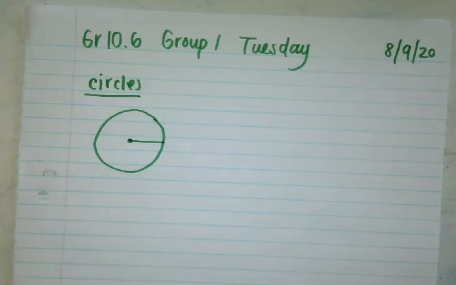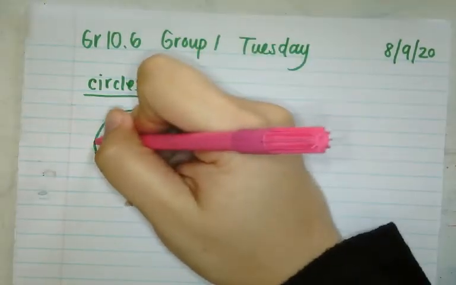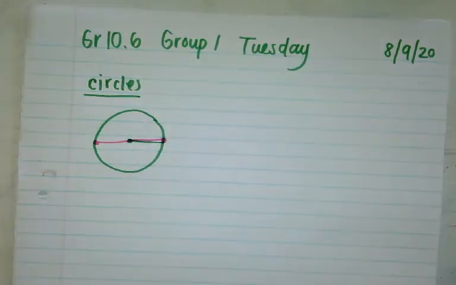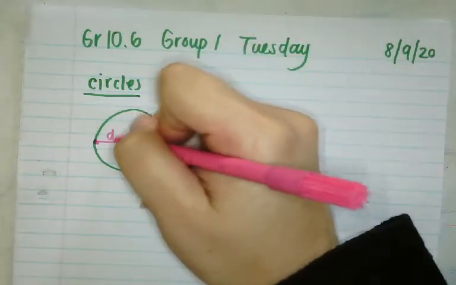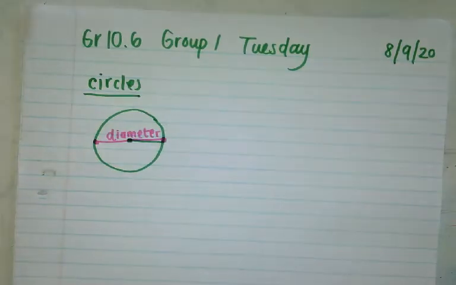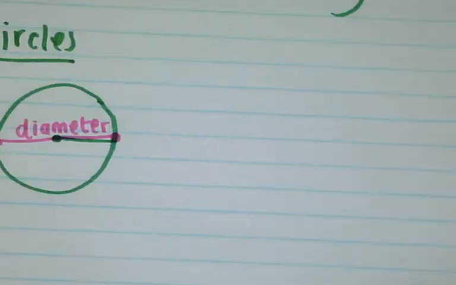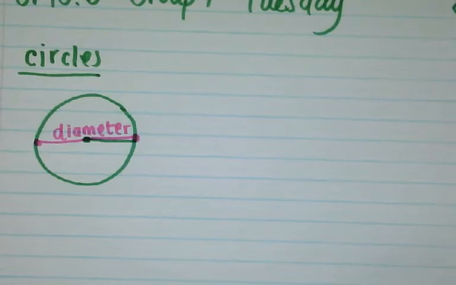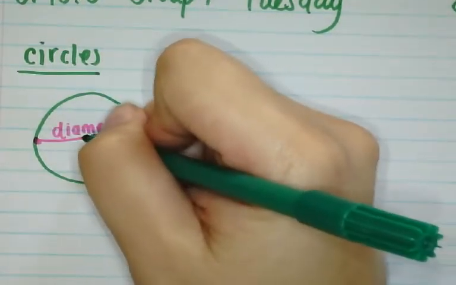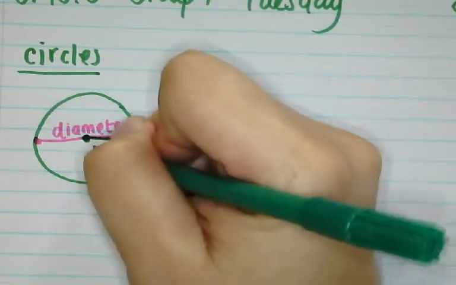Now, the diameter of the circle goes from end through the center to the other end. That is a diameter. So in pink, I have my diameter. Okay? And in green here, from the center, so from halfway to the edge, I have my radius.